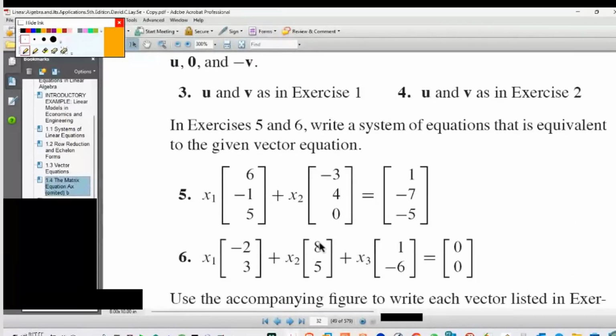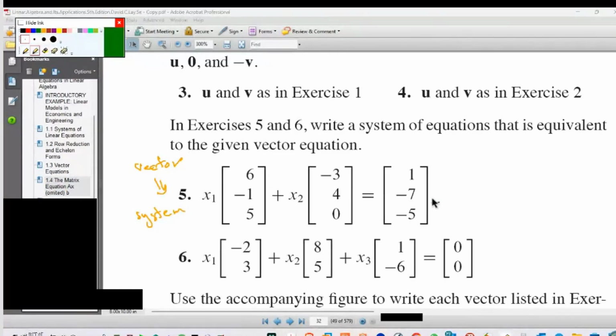Now, in exercises 5 and 6, write a system of equations that is equivalent to the given vector. He asked me to write a system of equations. So here I have to convert from vector to system. How can I do this?